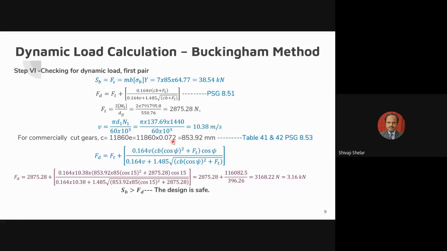Now to get the value of this C here, we have to refer table number 41 and 42, PSG 8.53. Let's check how this value has come, E value and C value.